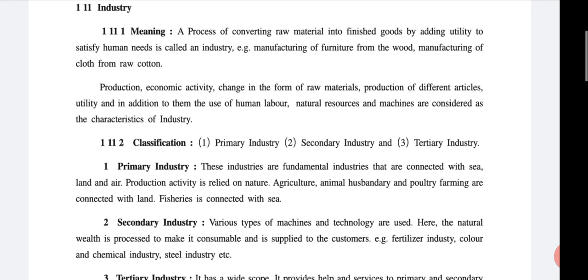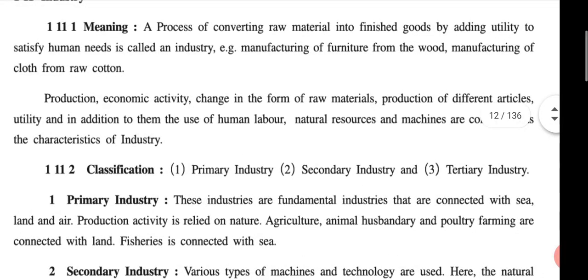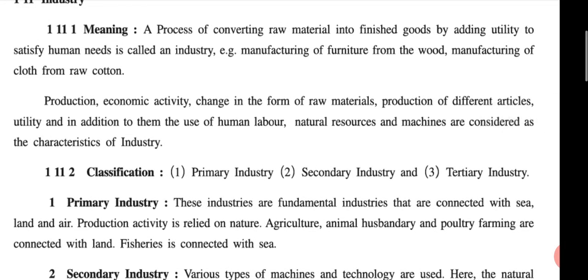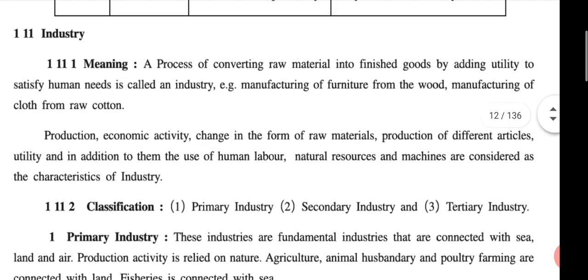For example, manufacturing furniture from wood, manufacturing of cloth from raw cotton, manufacturing of a cupboard from wood or iron are examples of industries. Production, economic activity, change in form of raw material, production of different articles, utility, and in addition, use of human labor, natural resources, and machines are considered characteristics of industries.